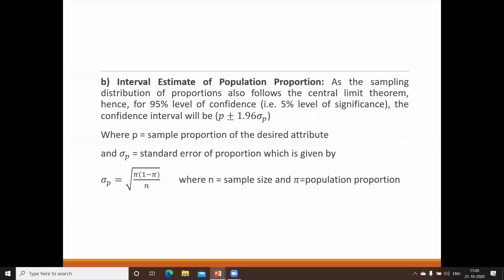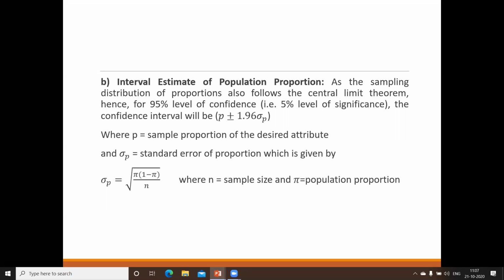Now, if you say that it is 95% likely that the population proportion will lie within this given range, then for 99%, the confidence interval will lie between p plus minus 2.58 sigma p. If you remember, last time I had shown you this value 2.58, or you can also take the value as 2.575.